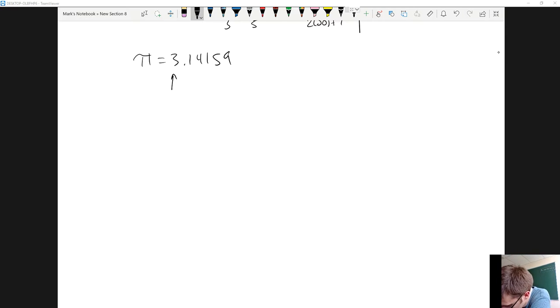And so 3 is in the ones place. The 1 is in the 1/10th place. The 4 is in the 100th place. The 1 there is in the 1000th place.